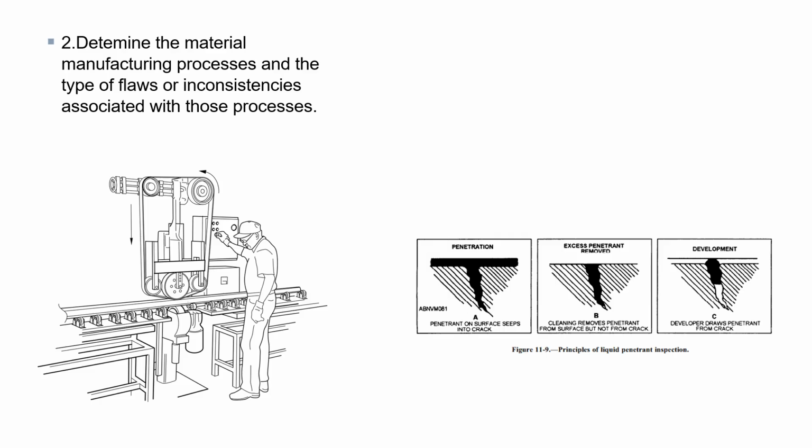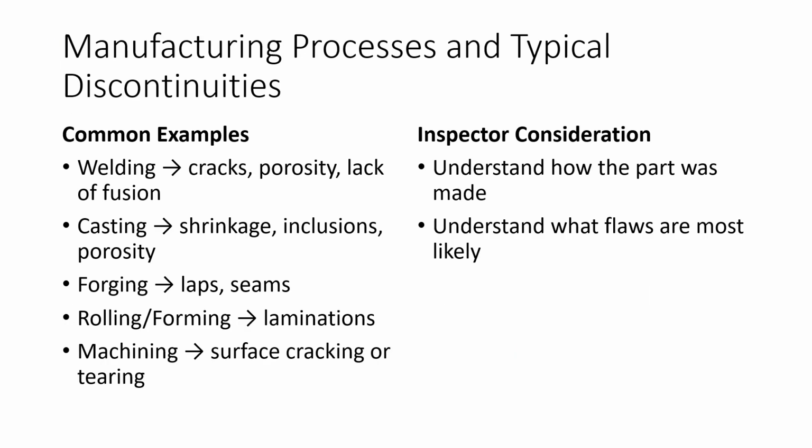What kind of flaws can be introduced into that material due to certain manufacturing processes? Cutting it, smashing it, forging it, casting it. What kind of flaws can we expect to encounter?